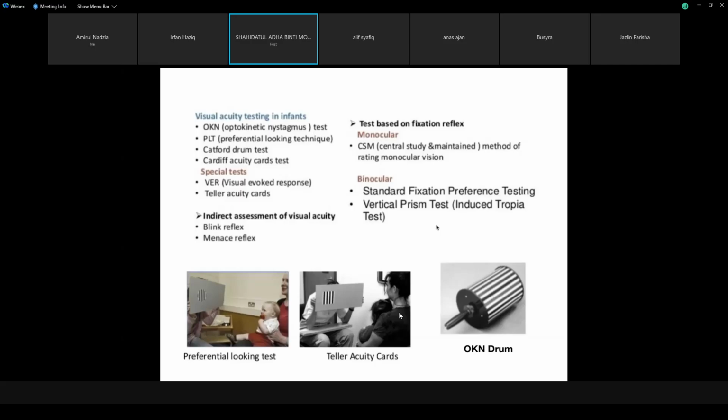Let's say the patient prefers the right eye, so we know the right eye vision will be good and the left eye vision will be poor, so the poor eye will end up with amblyopia. That's why we need to do this test.